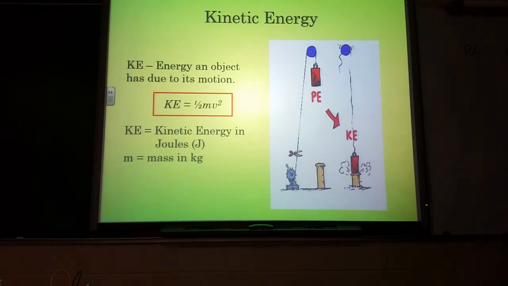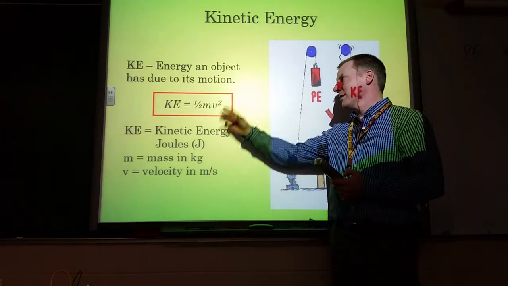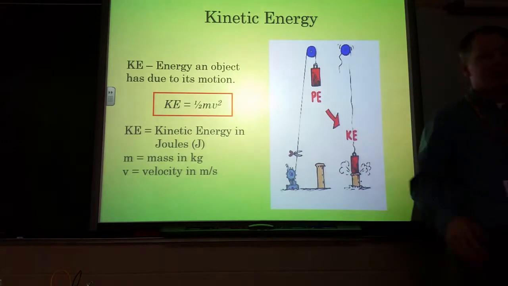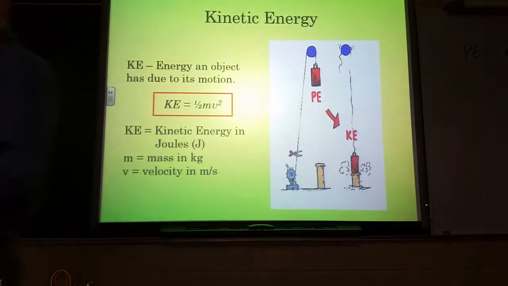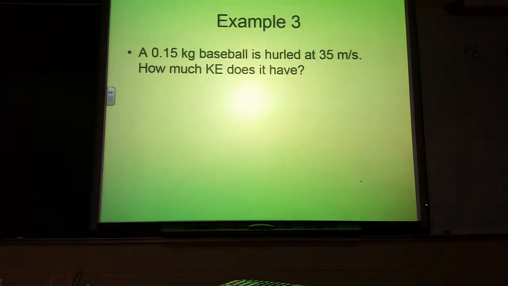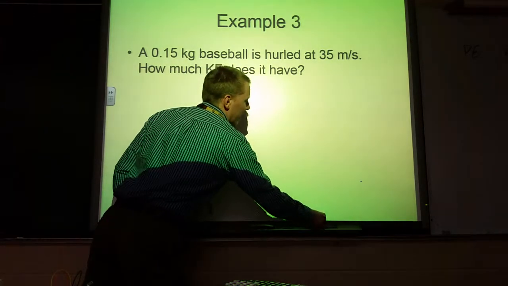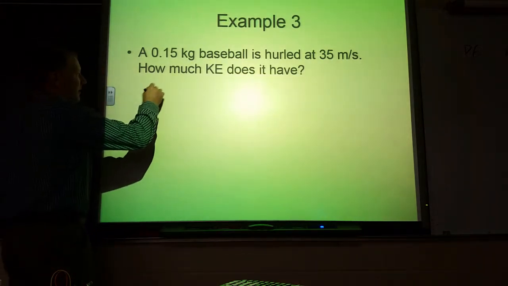Velocity or speed, and we square that. Velocity in meters per second. Technically the speed, it's speed because the direction isn't important, but whichever way you want to remember it. Our first example here is straightforward again. It asks specifically for how much kinetic energy does it have.